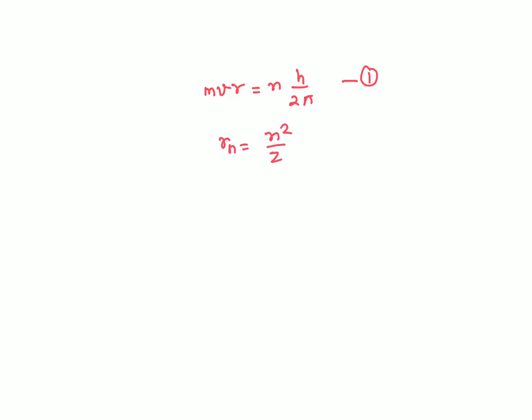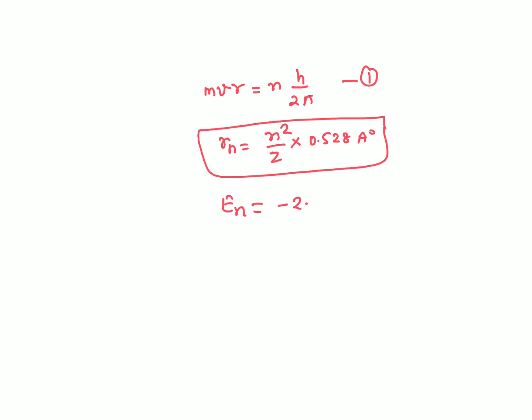This is the first concept. Secondly, we studied that we can easily calculate the radius of an orbit using the formula Rn is equal to n square by z into 0.528 angstrom.